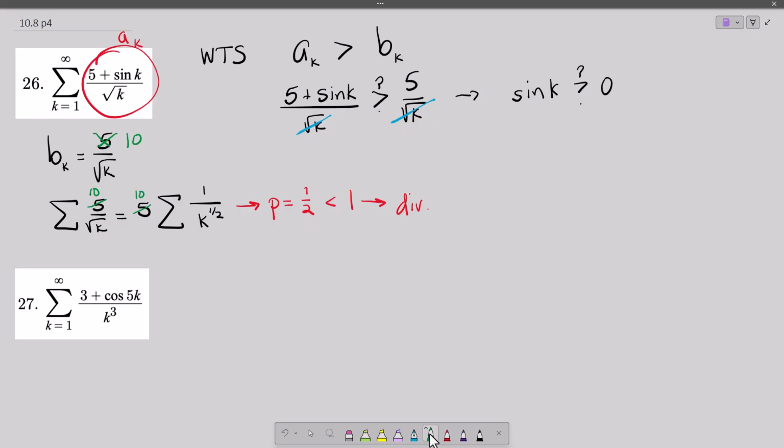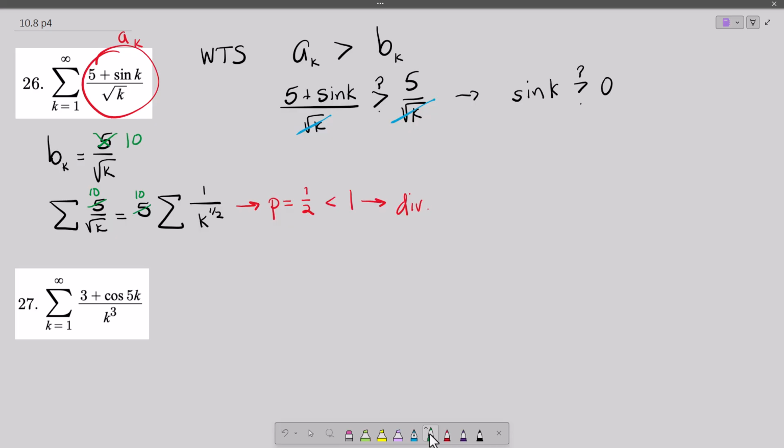Now another option is just to go to the limit comparison test instantly. Of course you could do that. But let's just notice, if we pick a bound for this numerator, 10 is a bound, 11 is a bound, 6 is a bound. You can pick any number. So if we pick 10, we still have divergence here, and the a sub k doesn't change.